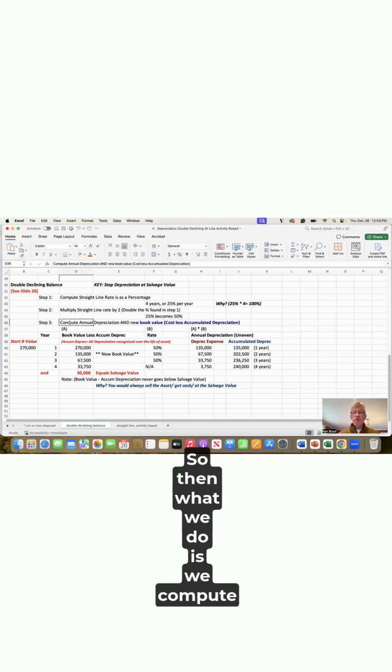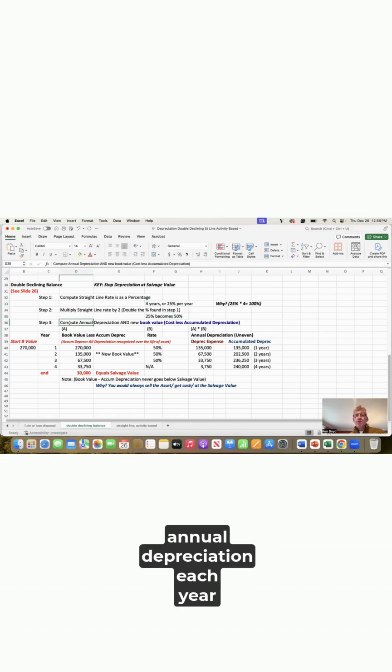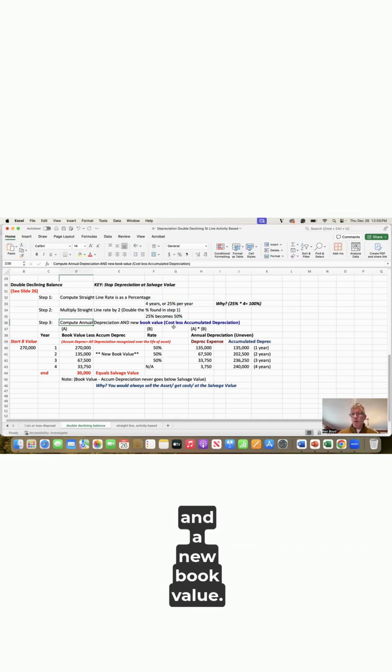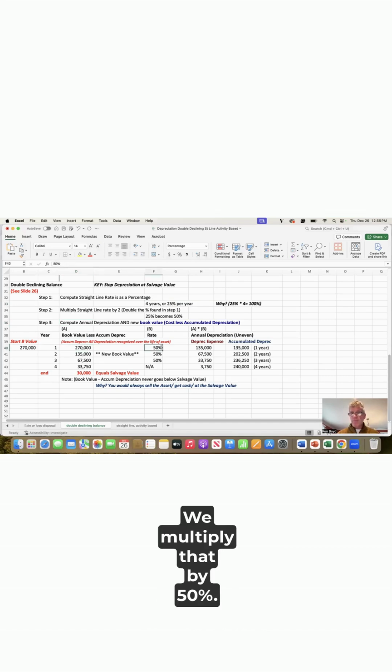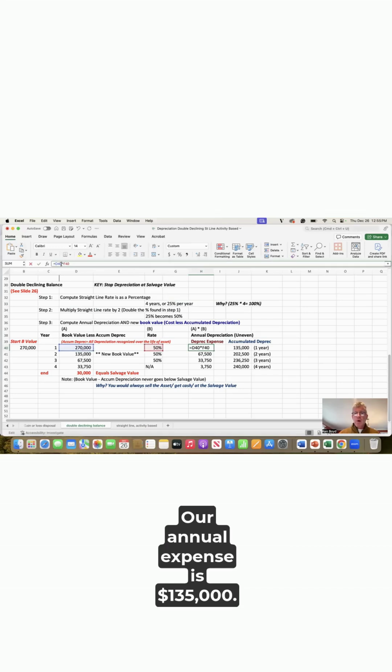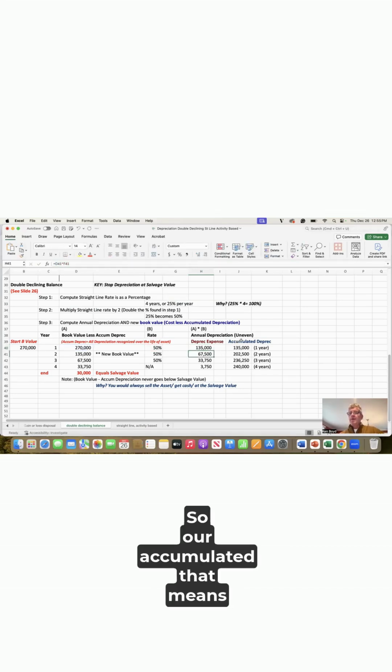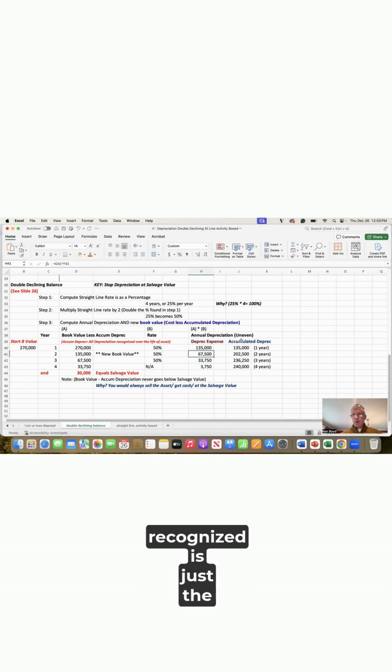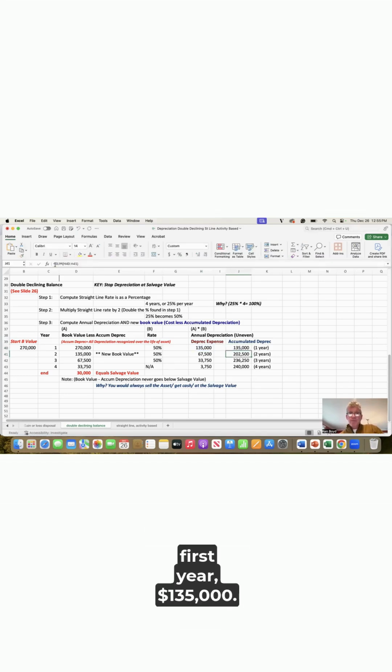So then what we do is we compute annual depreciation each year and a new book value. Book value means cost less accumulated depreciation. So, for example, we start off with a book value of 270,000. We multiply that by 50%. Our annual expense is 135,000. So our accumulated depreciation, meaning our total depreciation expense recognized, is just the first year, 135,000.